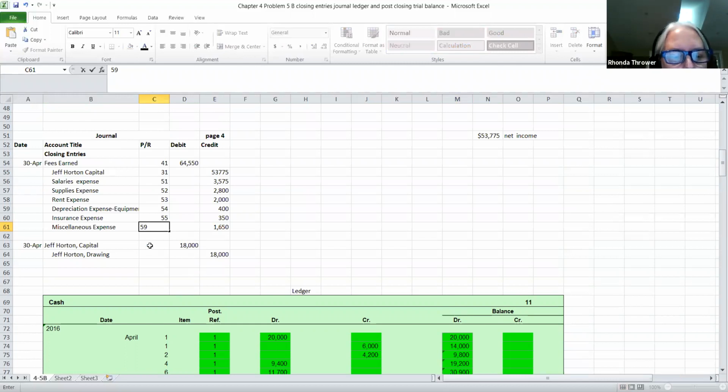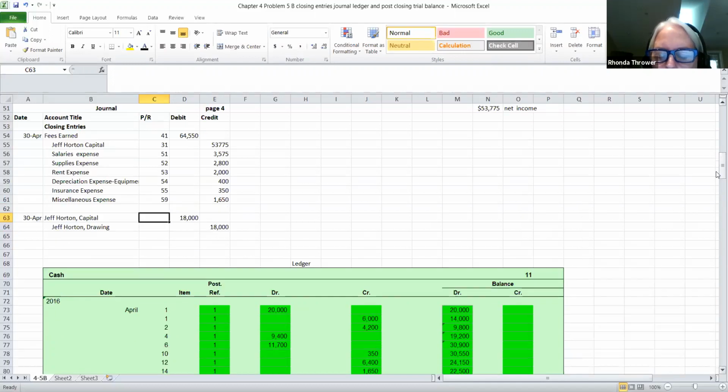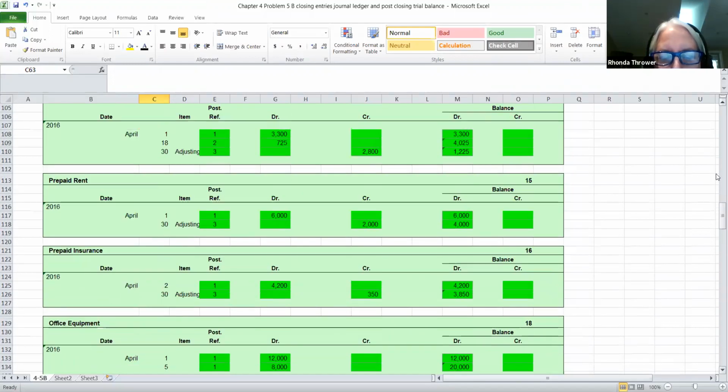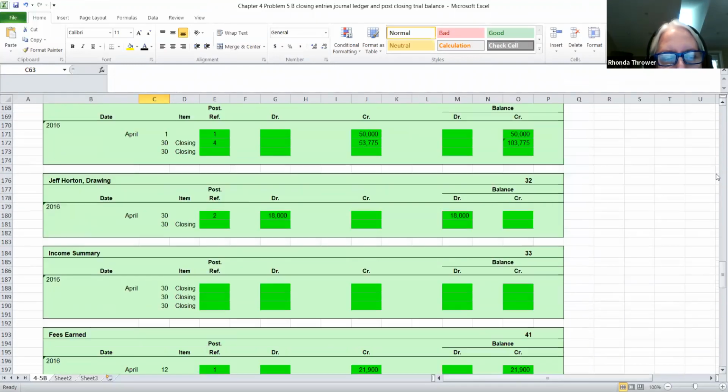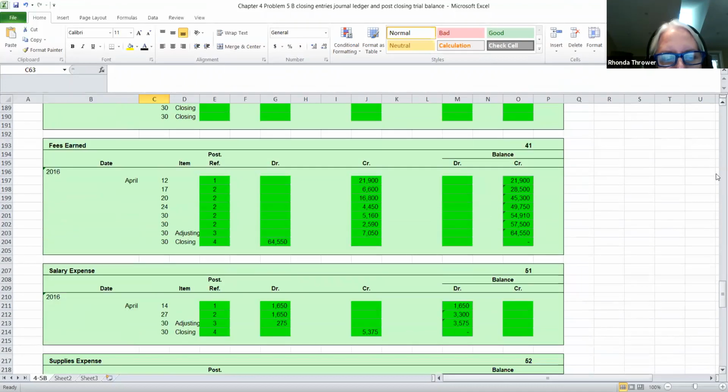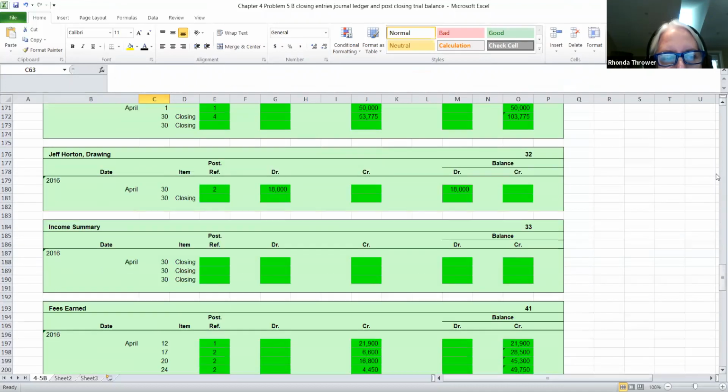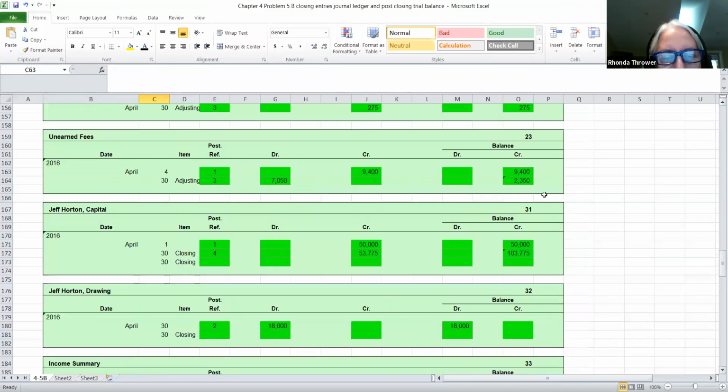And I'll move to my second journal entry where I debited my capital. And I debited it for the amount of the drawing, which I believe was 18,000.